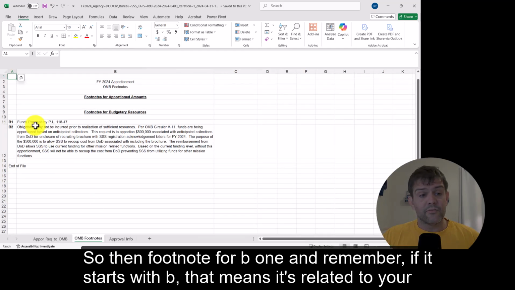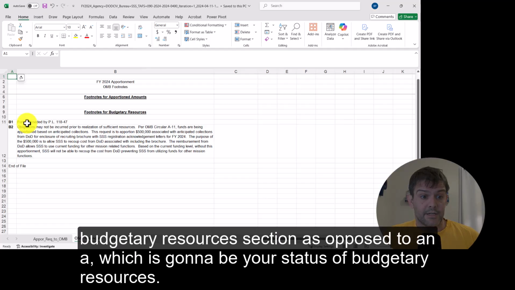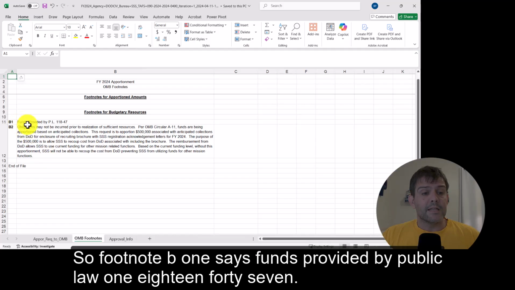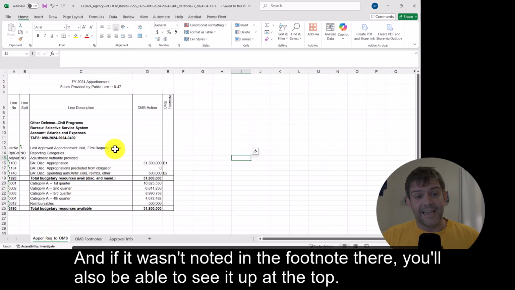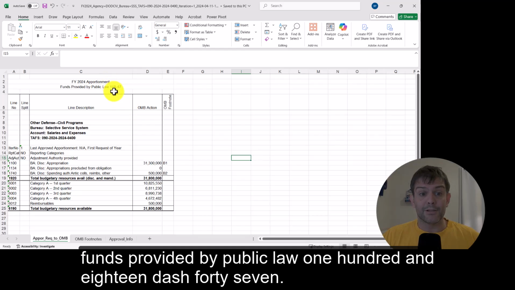So the footnote for B1, and remember, if it starts with a B, that means it's related to your budgetary resources section as opposed to an A, which is going to be your status of budgetary resources. So footnote B1 says funds provided by Public Law 118-47. And if it wasn't noted in the footnote there, you'll also be able to see it up at the top. Funds provided by Public Law 118-47.